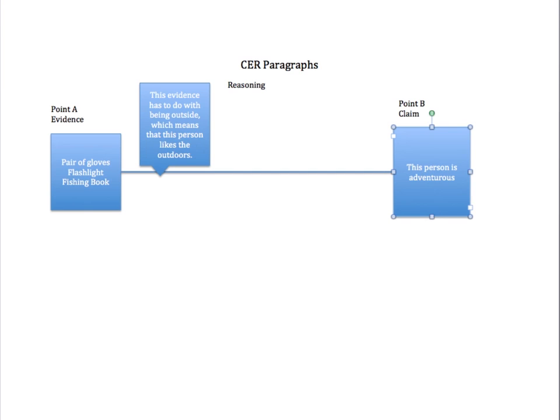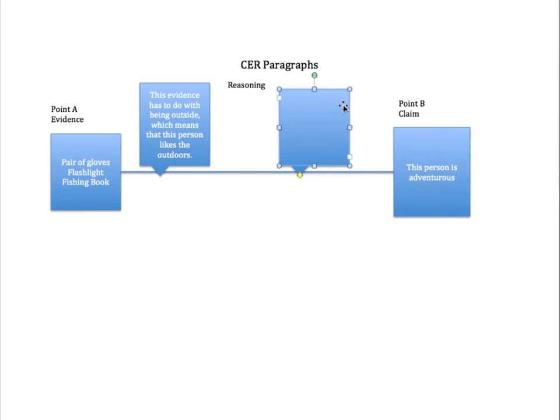So I'm going to do that by making a generalization. Okay, so in my next box, I have to connect this idea of liking the outdoors to this idea of being adventurous. So I need to use both of those words in this next part of my path.